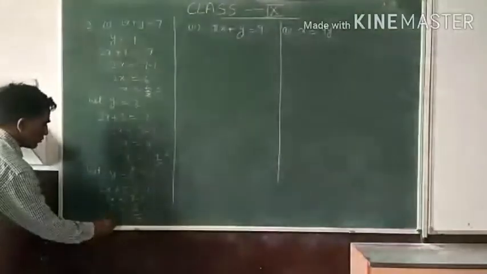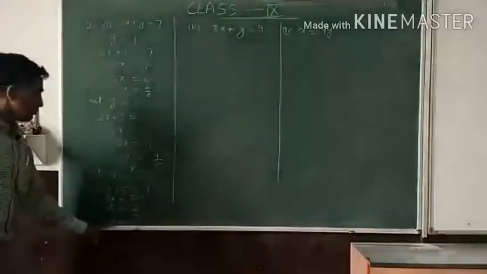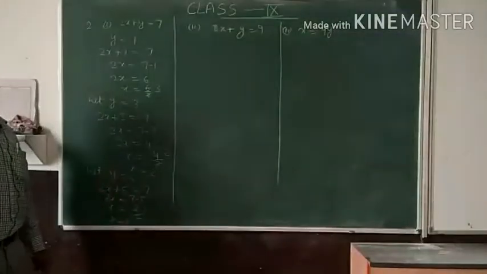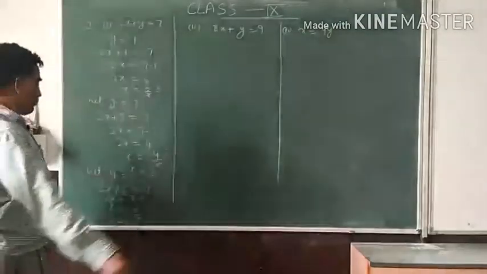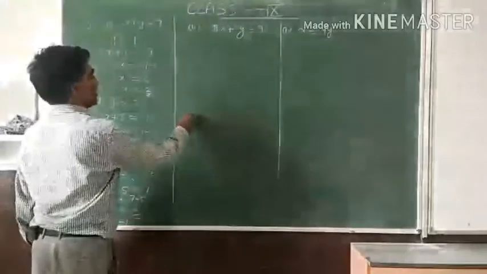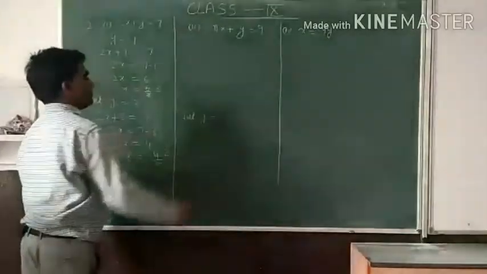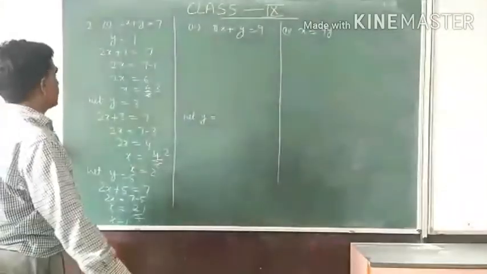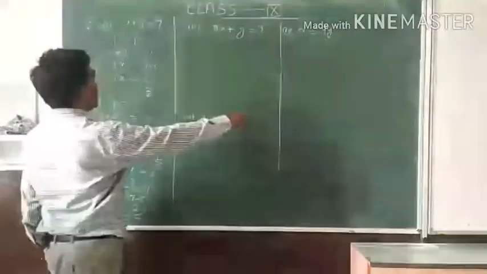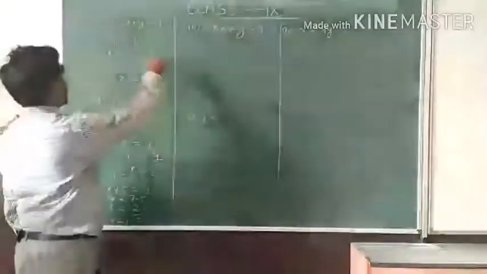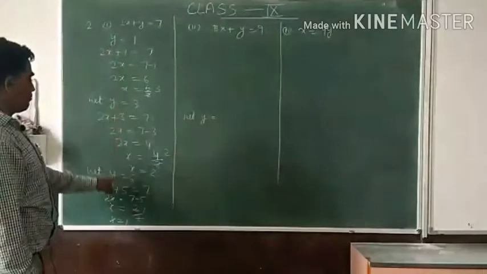Your next solution is x is equal to 1 and y is equal to 5. Now for the fourth solution, I have taken 1, 3 and 5.